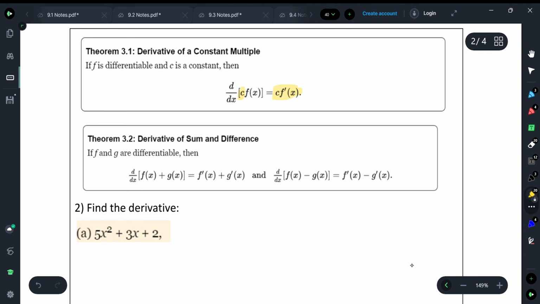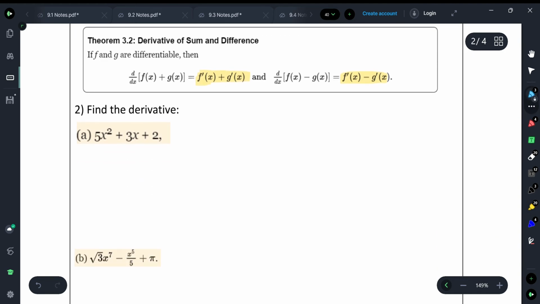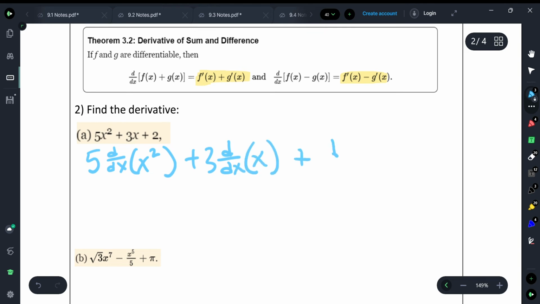And we could rewrite them here. It's saying we can add the derivatives, we could subtract the derivatives, we can do whatever we deem necessary. So here, what we have is 5, and I can pull that to the side and say, now take the derivative of x squared plus 3 times the derivative of x plus the derivative of 2. See how I can just separate that.